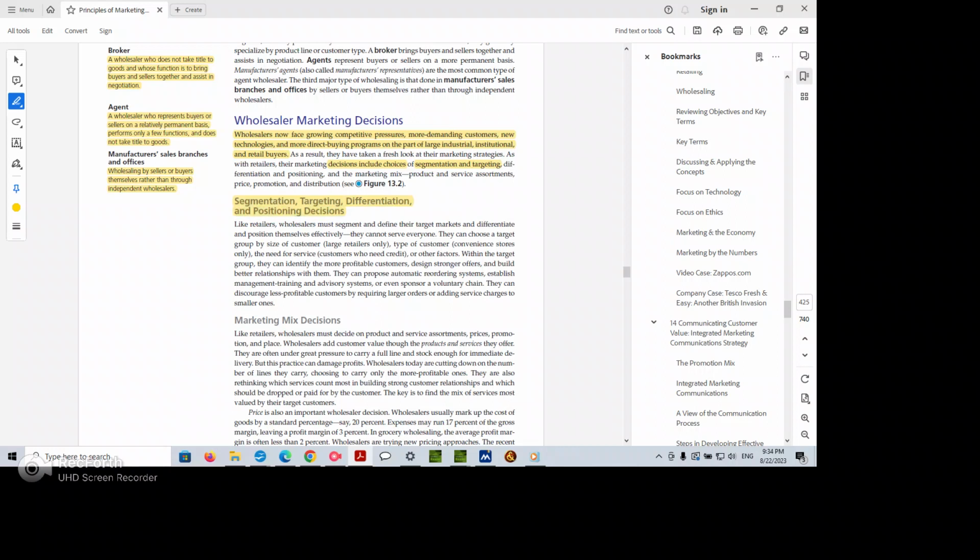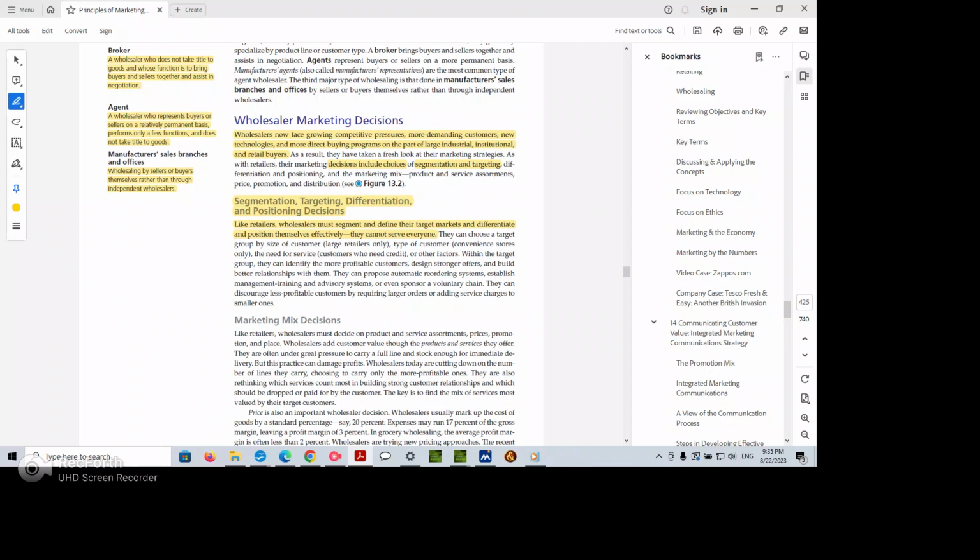When we talk about segmentation, targeting, differentiation, and positioning decisions, as described by the book, retailers or wholesalers must segment and define target markets and differentiate their position effectively. They cannot serve everyone, because they cannot offer deals on small purchases like a retailer, because, for example, the factory doesn't just make one; it makes thousands to hundreds of thousands per month.